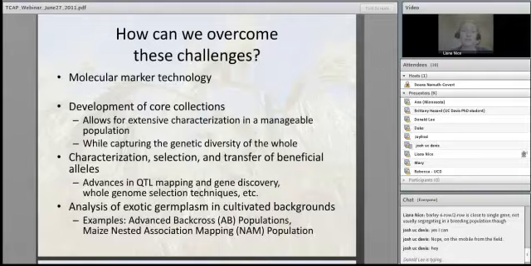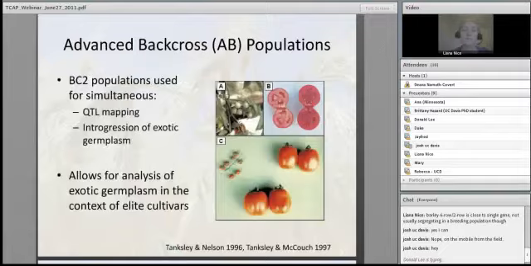Additionally, there have been advances in characterization, selection, and transfer of beneficial alleles, such as advances in QTL mapping, gene discovery, whole genome selection, etc. And another thing that has been used is the analysis of exotic germplasm in cultivated backgrounds, such as the advanced backcross and maize nested association mapping population.